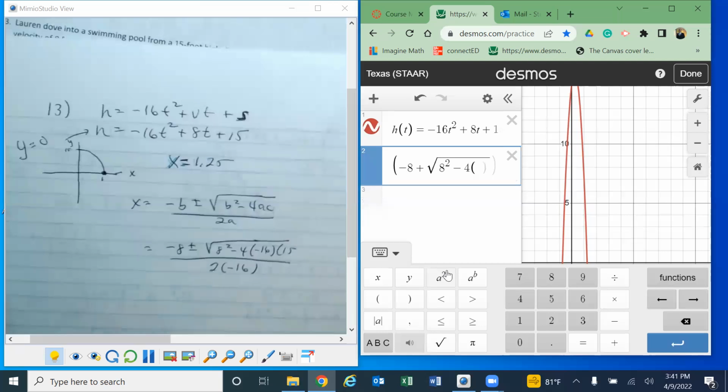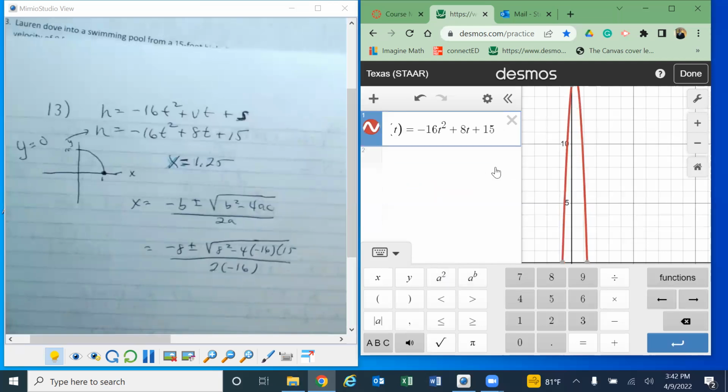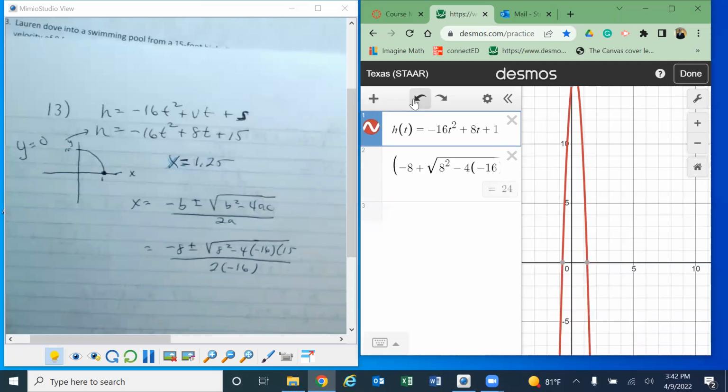open parentheses, negative 16, close the parentheses, open the parentheses, 15, close the parentheses. All right, you see how we got that? Now we're going to get out of it. I don't know what it just did, but it was not right. Okay, here we go.